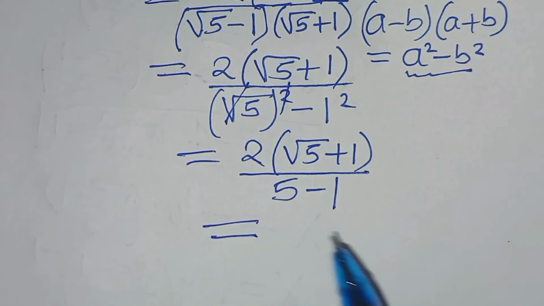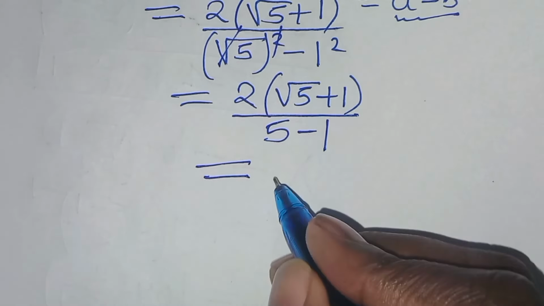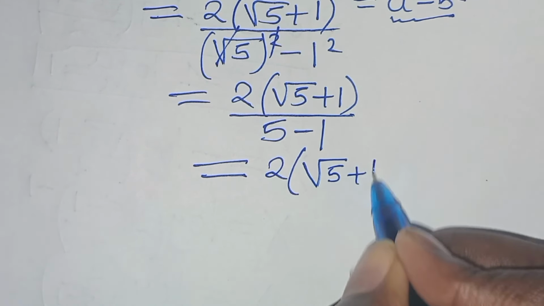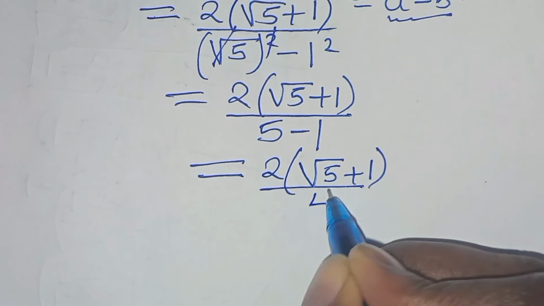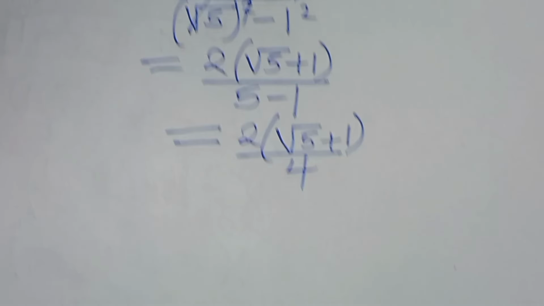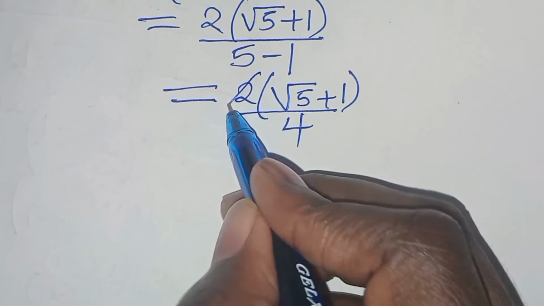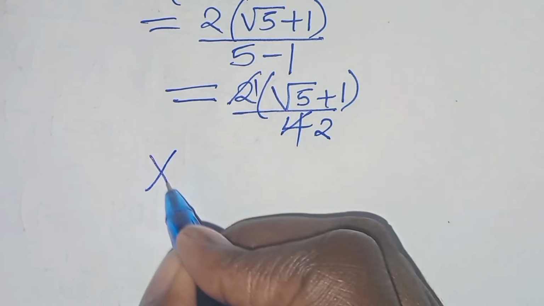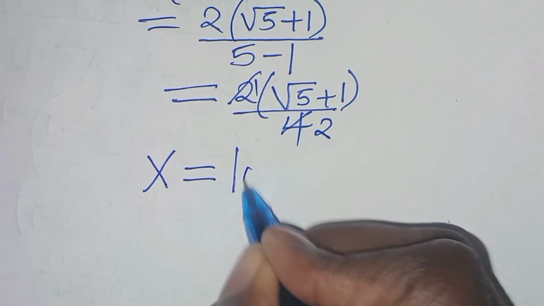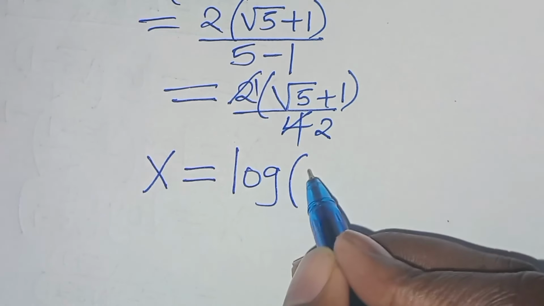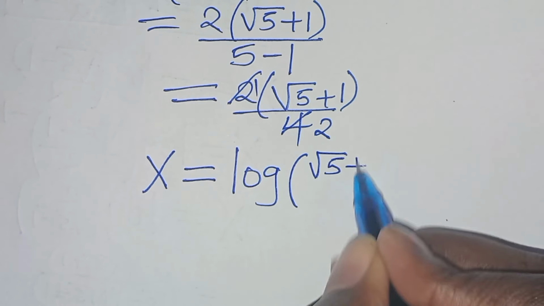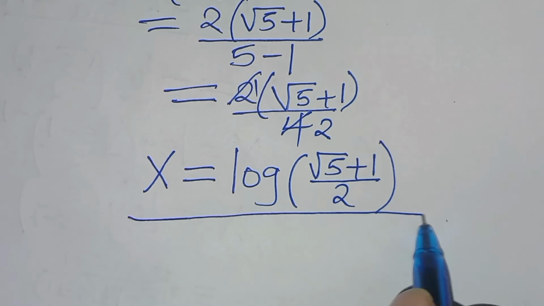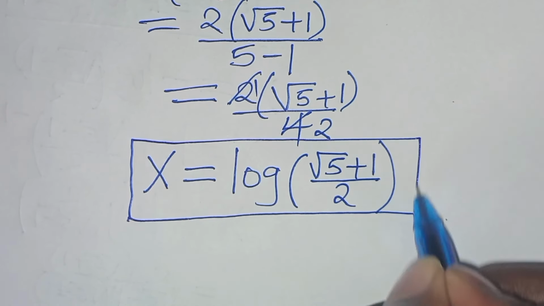So now we have 2 times square root of 5 plus 1 divided by 4. So let's simplify by 2, 1 by 2, 2. So this implies that the value of x now is log of square root of 5 plus 1 over 2. This is the value of x by applying method 1.